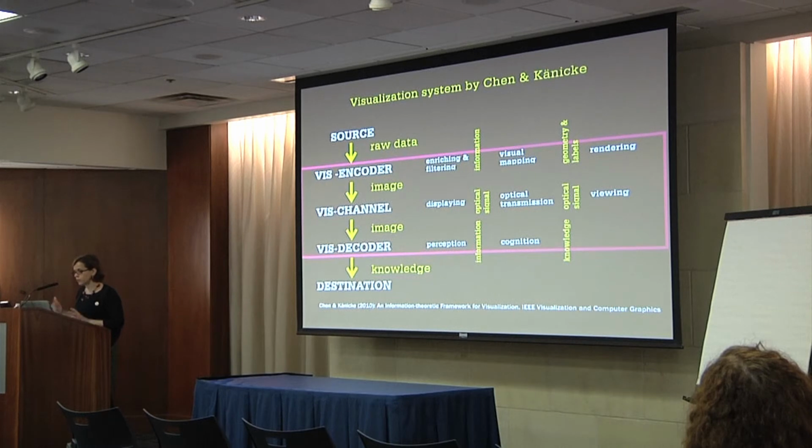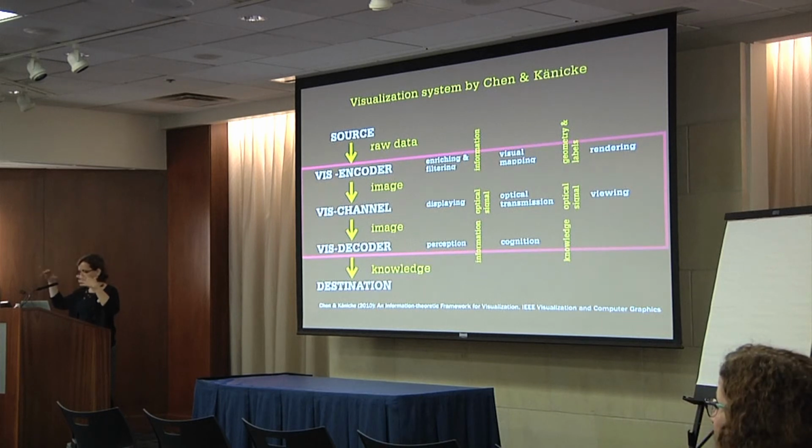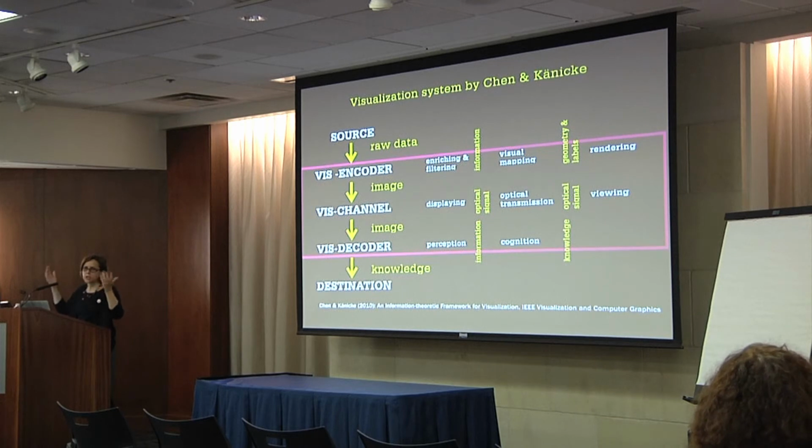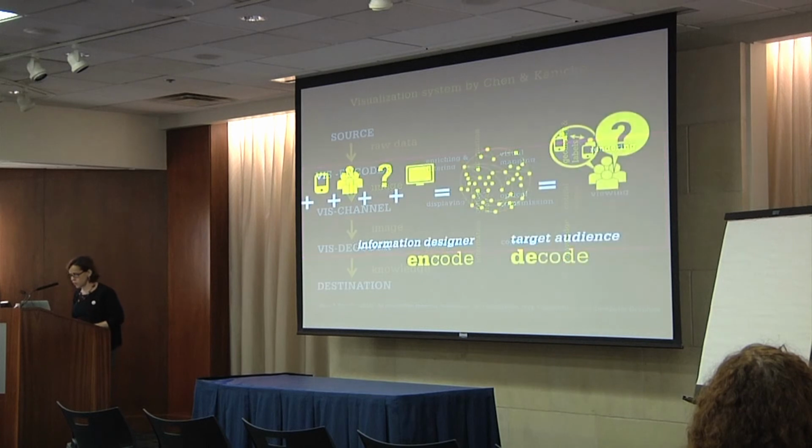It covers the process for encoding, both semantically and depending on the sensorial channels, if we're dealing with tactile, visual, auditory, and so on, and then the process of decoding on the other side, by the receivers of this message.